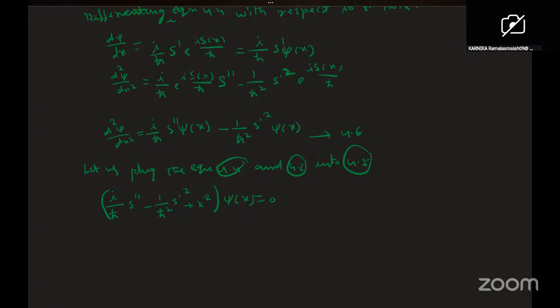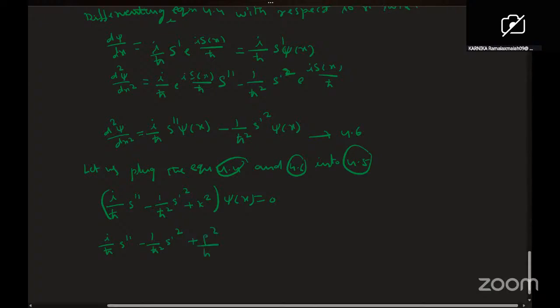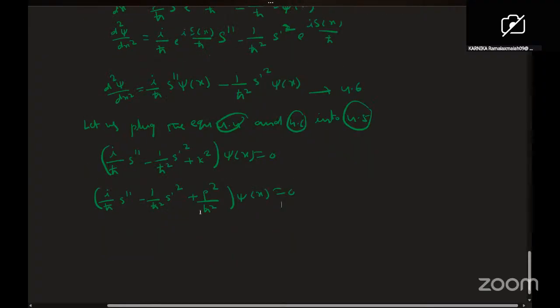So i by h cut psi double dash minus 1 by h cut square s dash square plus p square by h cut square into psi of x is equal to 0. This is simplified.